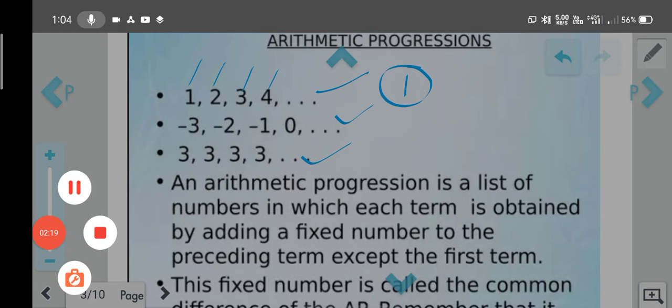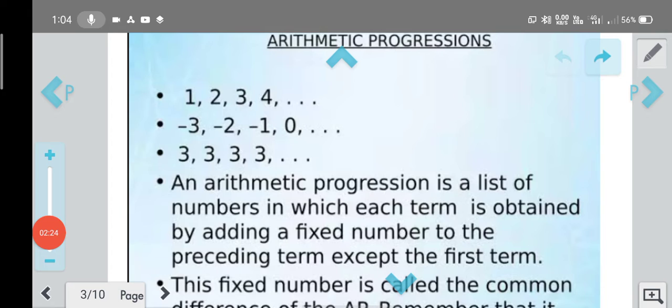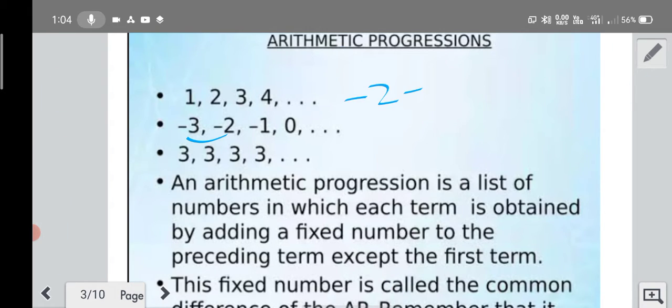Now consider the second sequence. Here also you can clearly see that the difference between two consecutive terms is 1. Second term minus first term means -2 minus -3, which is -2 plus 3, equal to 1.